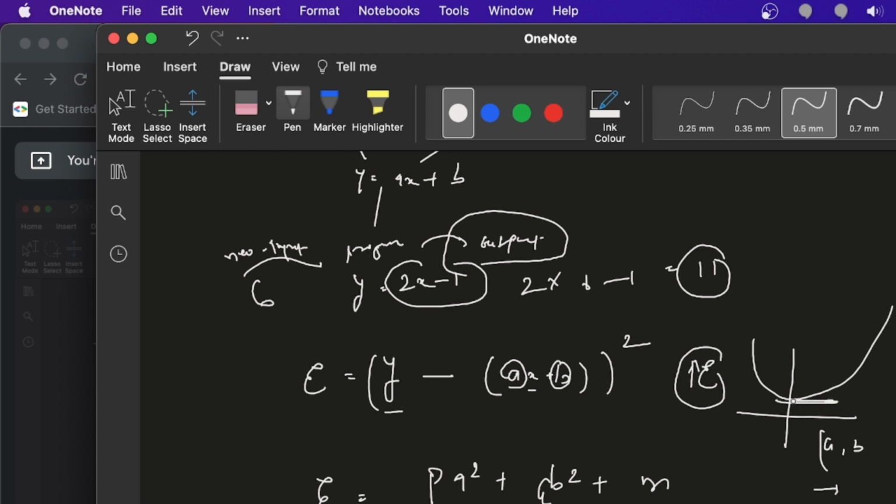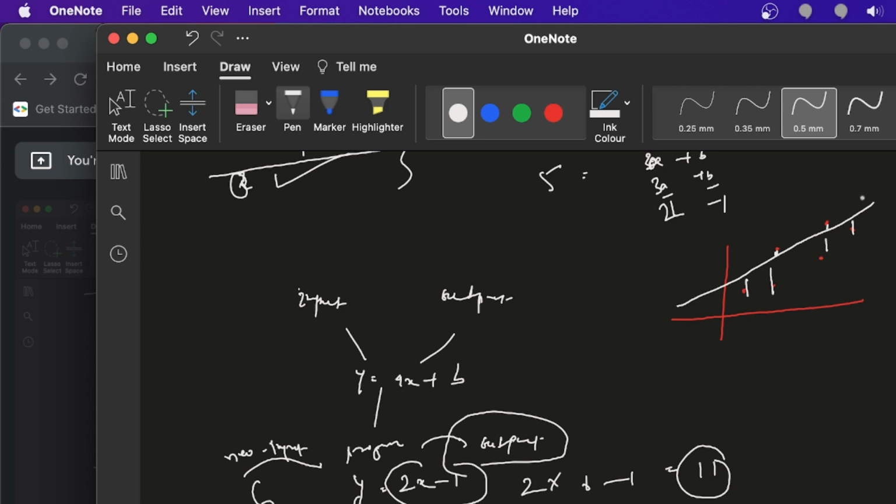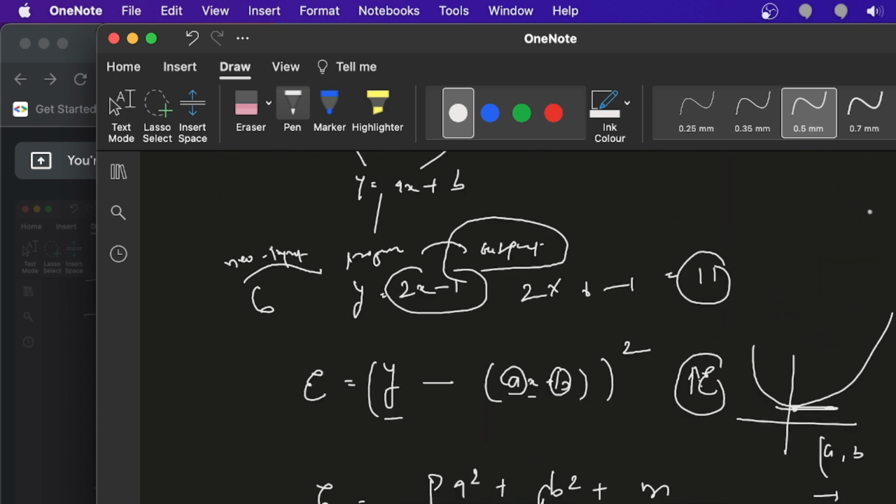Find the values of A and B where E is minimum, and E being minimum means you are getting the best line, the best program.